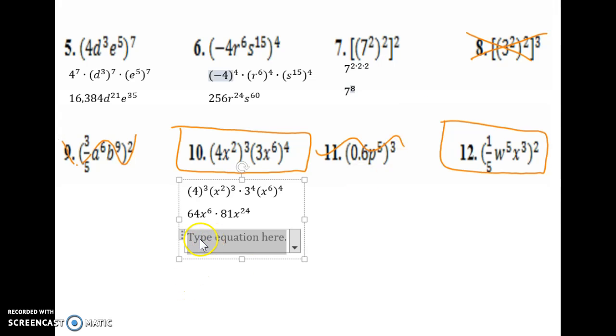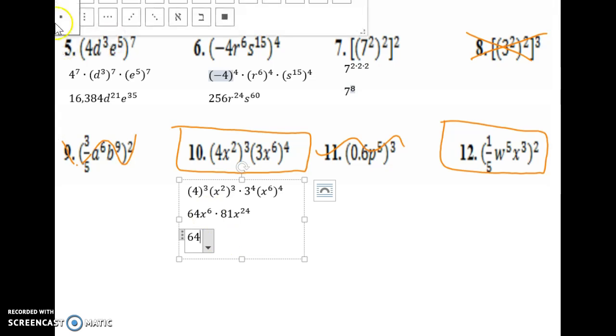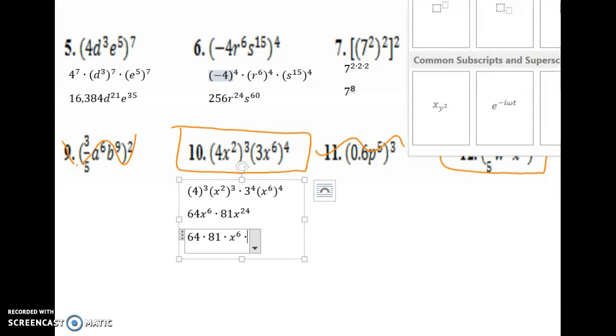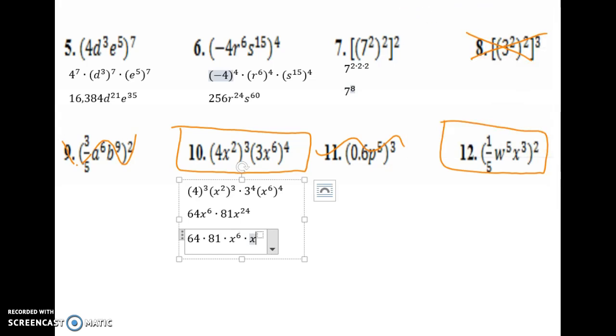So this is going to be 64 times 81 times x to the 6th times x to the 24th.